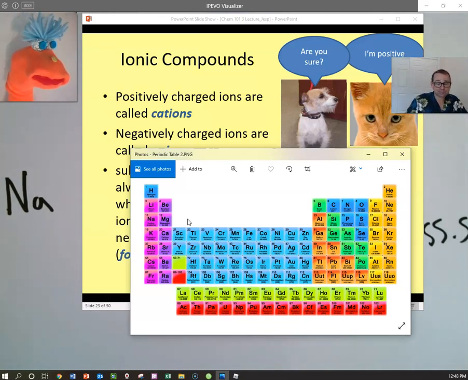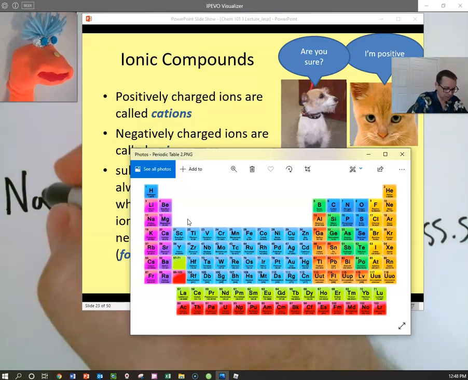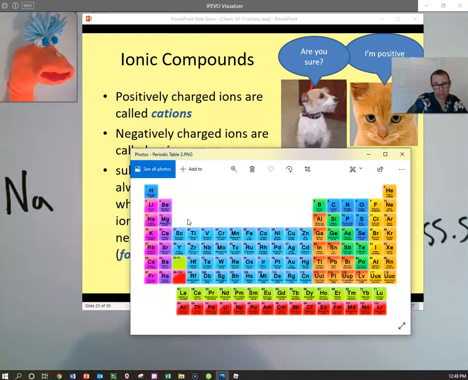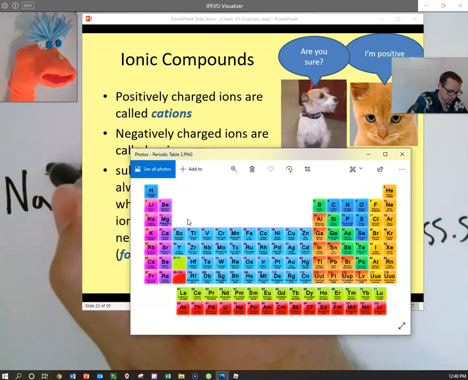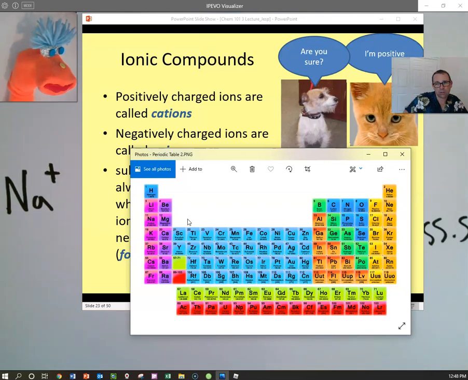So, if I have 11 protons, 11 electrons, and then I lose an electron, then you only have 10 electrons. That's right, I only have 10 electrons, but I still have the same number of protons. So now with only 10 electrons and 11 protons, the result is going to be a positive charge. So I lost my electron and I result in a positive charge.